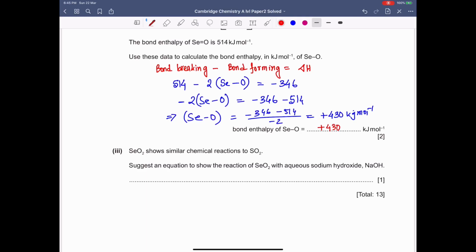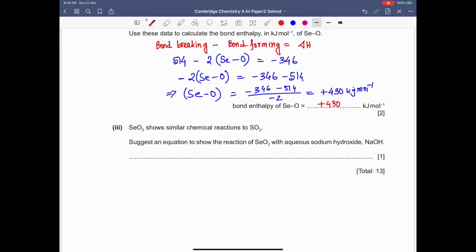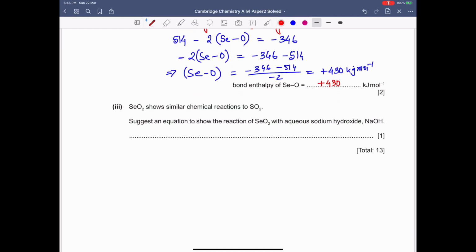SeO2 shows similar chemical reactions to SO2. Okay, so this is an equation to show the reaction of SeO2 with aqueous sodium hydroxide. Now, if we are doing a reaction of SO2 with NaOH, the reaction would be as follows: Na2SO3, and along with that we would be forming water. So to balance this out, we would have to put a 2 over here.